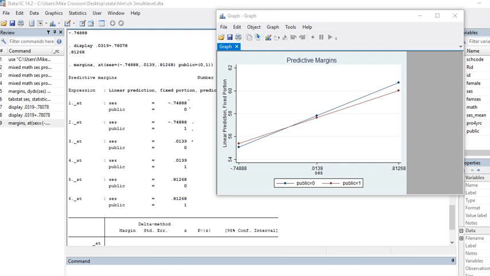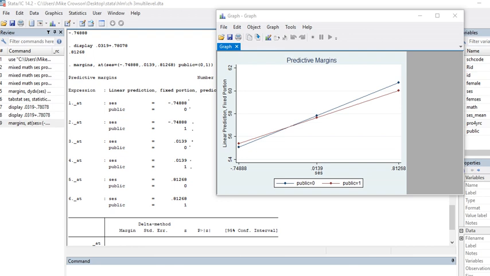Middle SES, non-public, middle SES, public, and so forth. So essentially the means that are plotted down in the table below, those are the predicted values on Y.